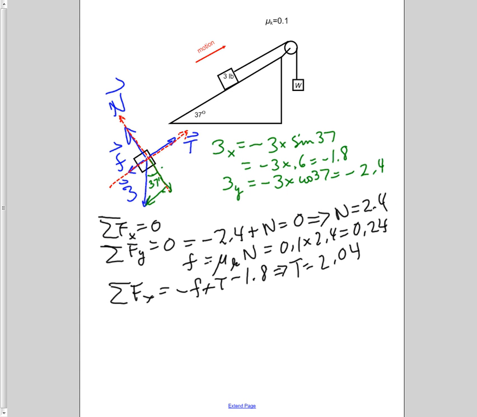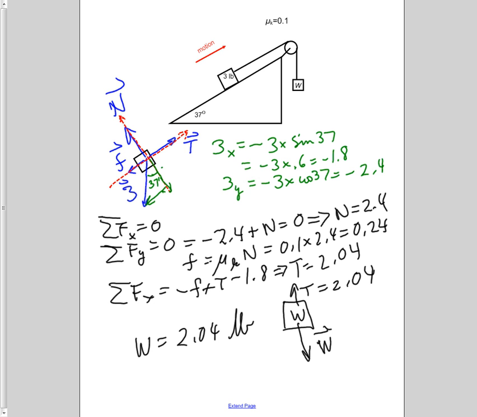In order to find the weight, I need to choose another body, and I will choose W. W is the force down on this object, and the force up, of course, is T, but T we know, 2.04, and so the weight is 2.04 pounds, and we're now all done.